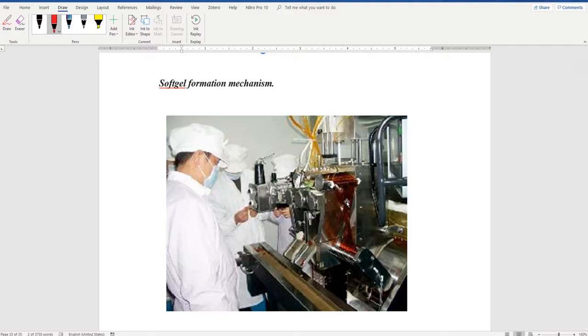Now, as you know, not so many companies are producing soft gelatin capsules. Or if you go to the market, to the pharmacies, most drugs are either tablets or hard gelatin capsules. Few drugs are in the form of soft gelatin capsules.